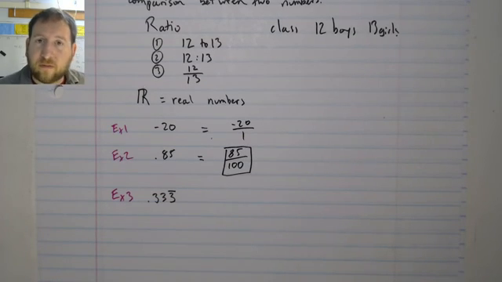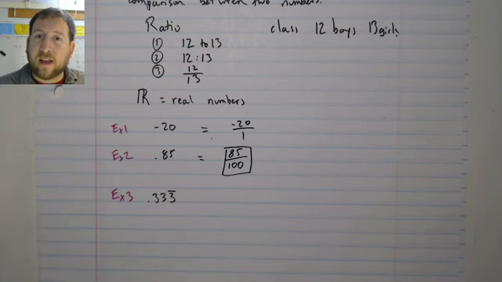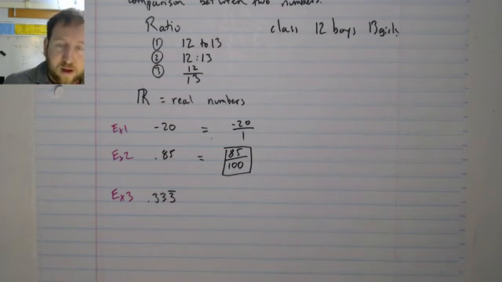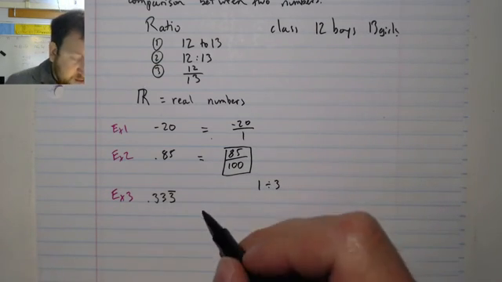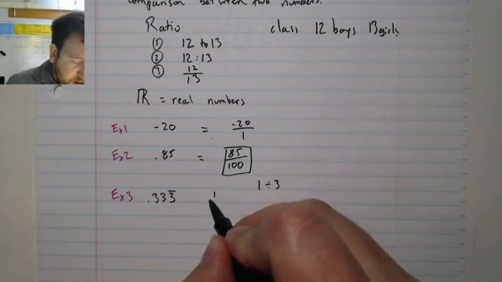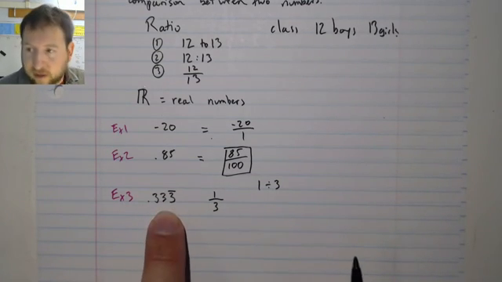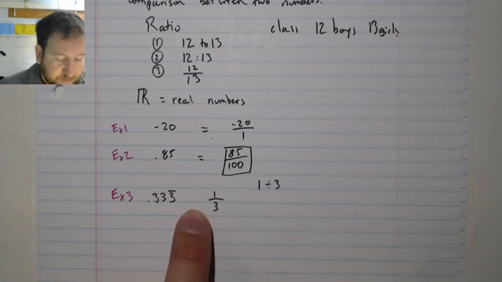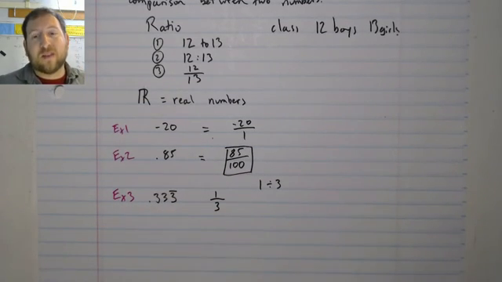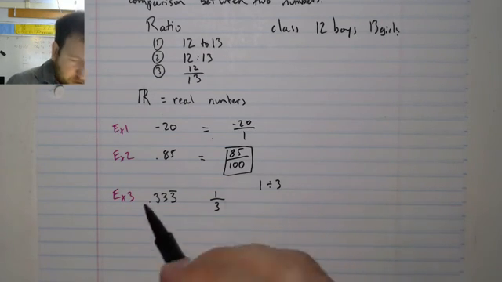You probably recognize this number because it happens when you take a third on the calculator, when I do 1 divided by 3, right? So this I can write as a rational number of 1/3. These two are equivalent. Now this, of course, I can't enter into my calculator because I don't have enough digits on my calculator space, but I can enter 1/3. So this is a rational number. This would work.